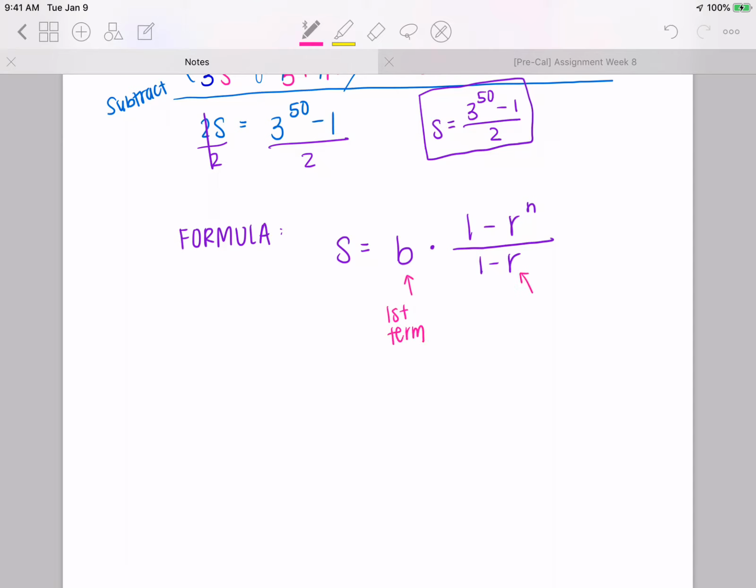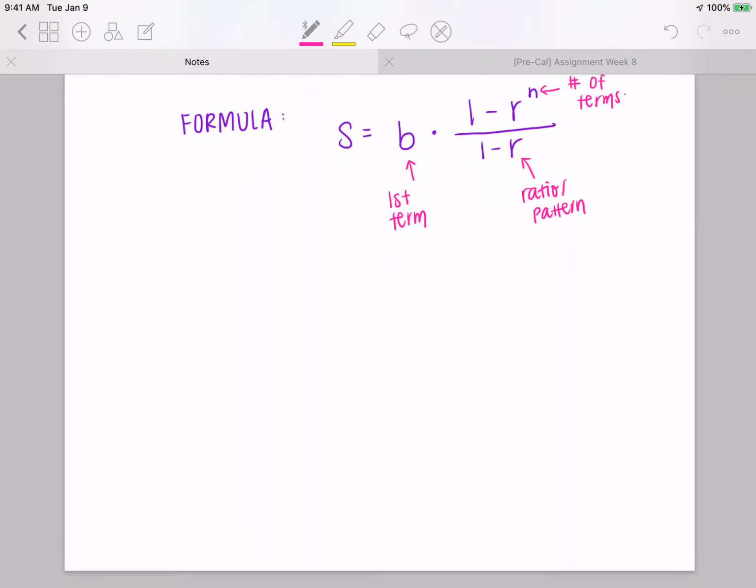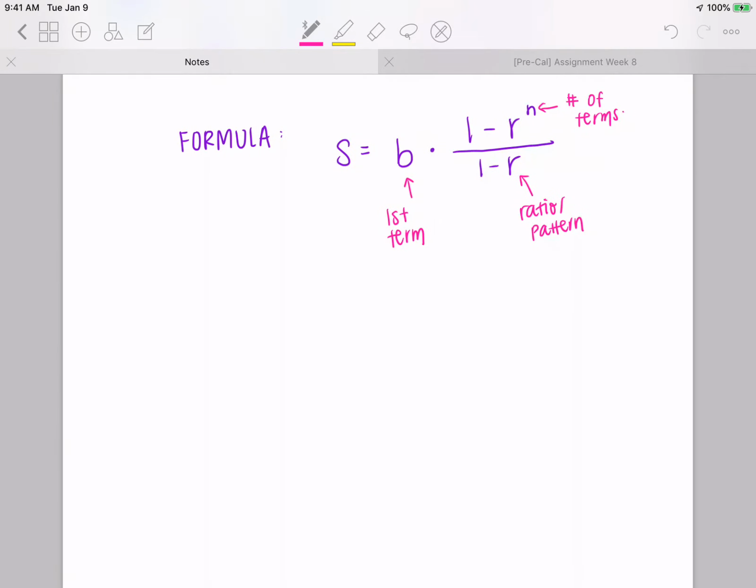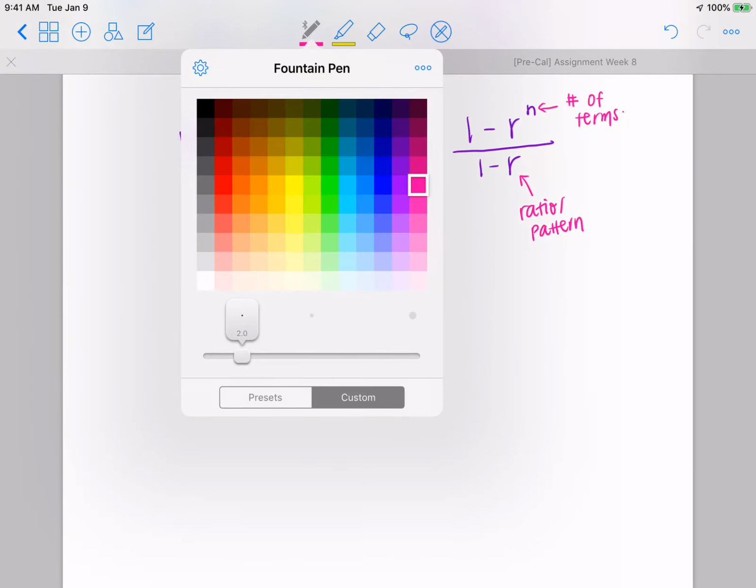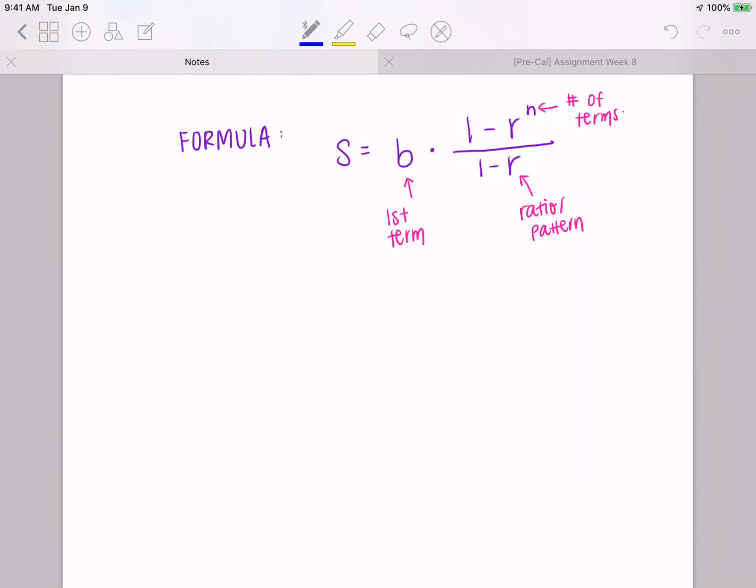And then R is our ratio, which is the pattern. And our n is the number of terms. Okay, next, I'm going to show the proof on how this formula is created. If you're interested, you can keep watching. If not, you can skip a little bit and go on to the examples.